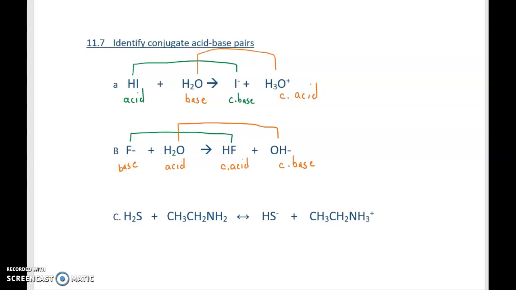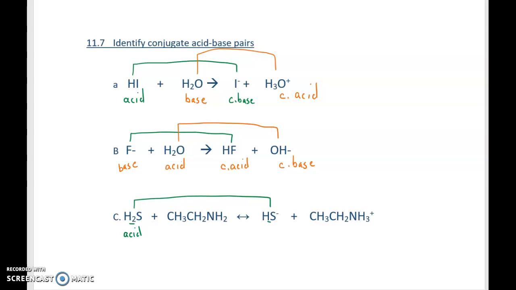So let's look at the next one. It's a little more complicated, but we can still do the same thing. We're going to figure out what our acid-base pairs are. Those two will go together. The only difference is that this one has an extra proton that this one does not have. So it has lost a proton, so it must be an acid.